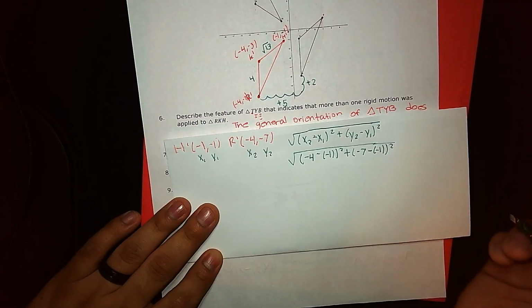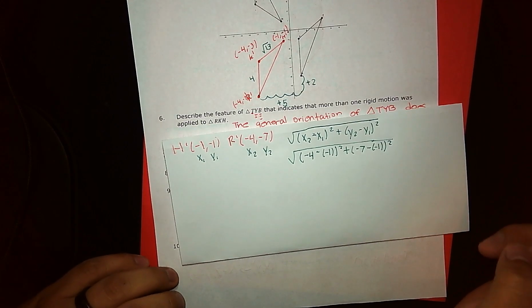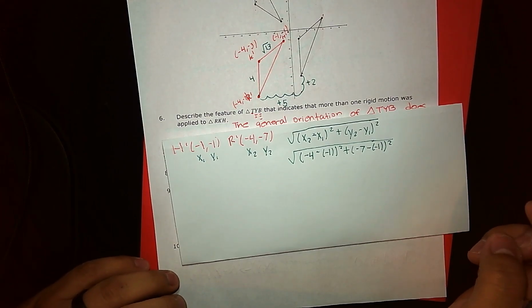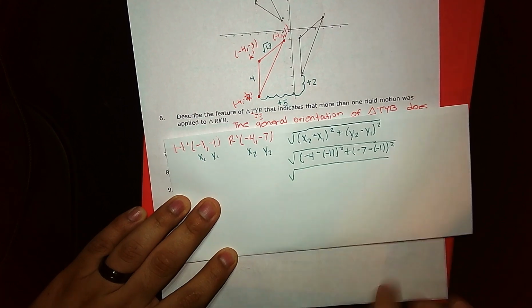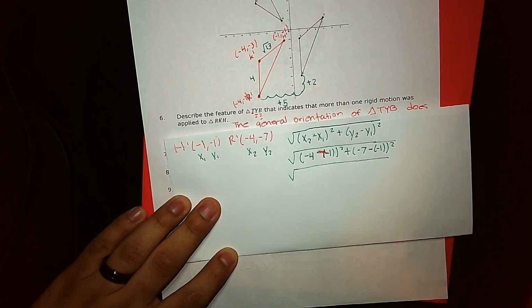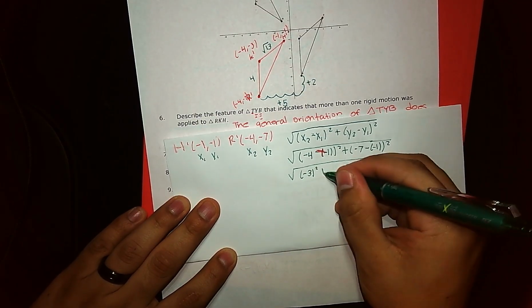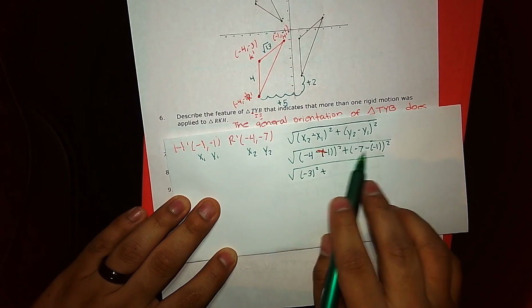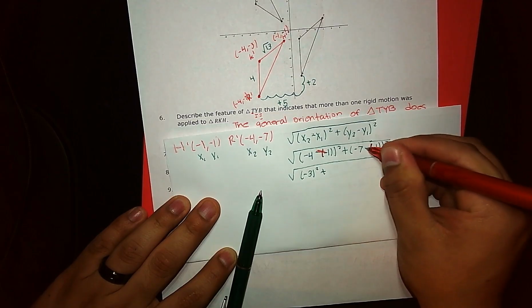All right. So let's just simplify. We should get -4 minus -1, the same thing as -4 plus 1. So we should get -3 squared, plus -7 minus -1, which is the same thing as -7 plus 1.